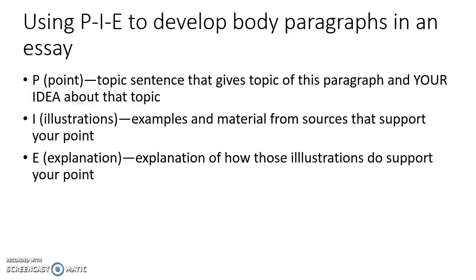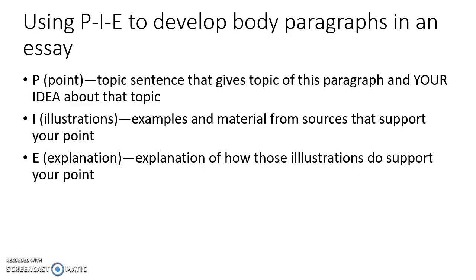Illustrations are examples and other material from sources that support our point in the topic sentence. If the assignment allows the use of personal experience, an illustration could be a short anecdote from personal experience.